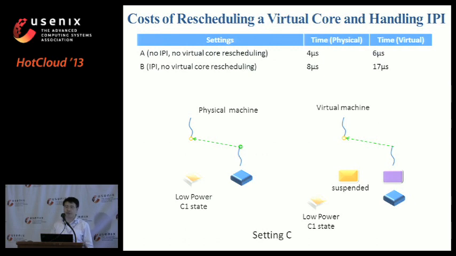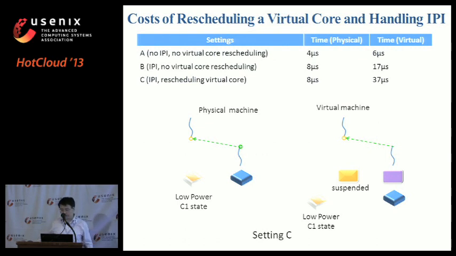Under setting C, we also run the two threads on two different cores. But the difference is that on the physical machine, if a physical core becomes idle, we put it into a lower power mode. If a virtual core becomes idle on a virtual machine, we suspend the execution of the virtual core, and the corresponding physical core will be put into low power mode. So under this setting, we have to pay the cost of handling IPI. At the same time, we have to pay the cost of rescheduling the virtual core.